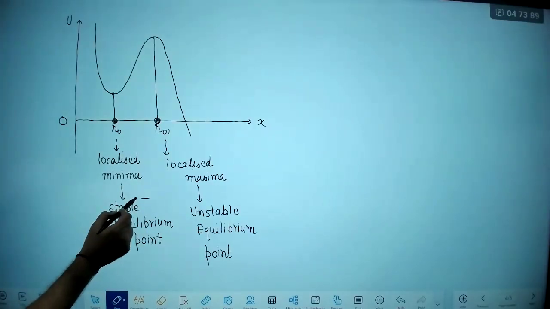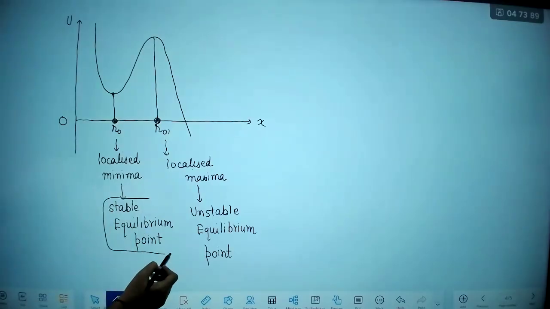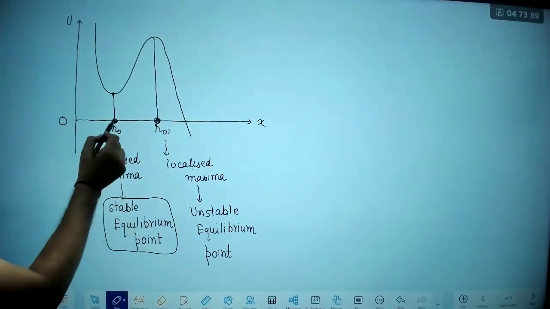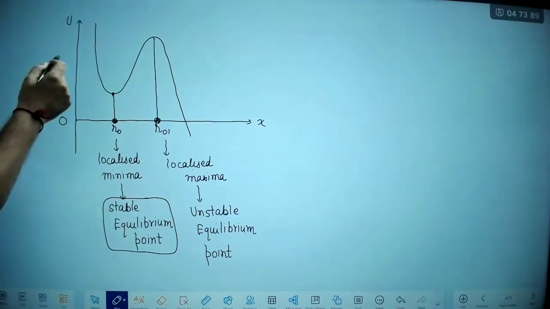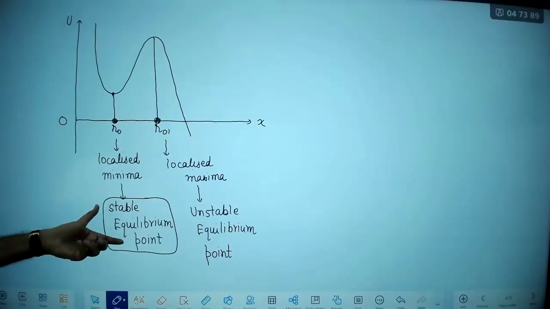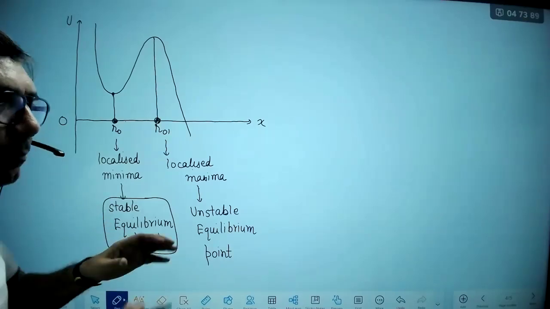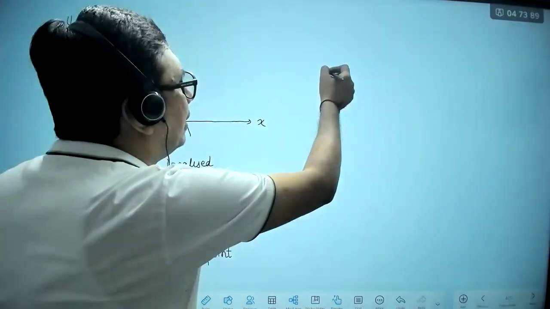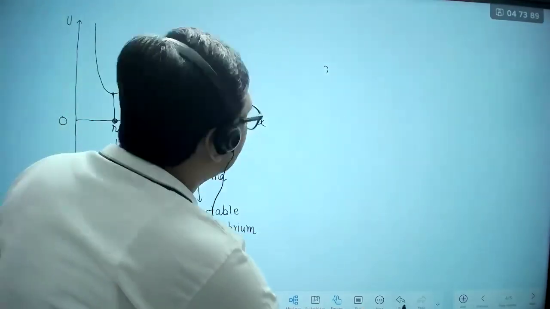Can you tell me the condition of a stable equilibrium point from here? You are saying that at r equal to r naught, you get a stable equilibrium point. Can you find some mathematical condition for this? I write du by dx.